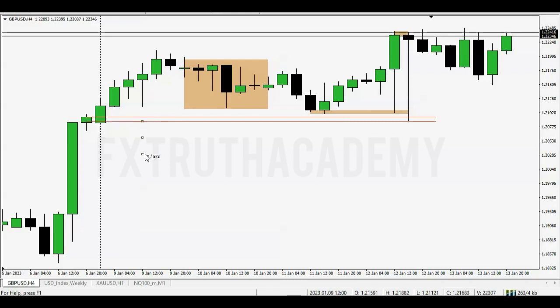So if I remove this stuff right here, you can see that we have the vacuum block. Once we see candles close in close proximity in this way, that is, the body of this candle is equal inside the body of this candle, or they are relatively almost in the same range, almost like moving on a sideways trend, which is what you have right here, then that becomes a vacuum block.